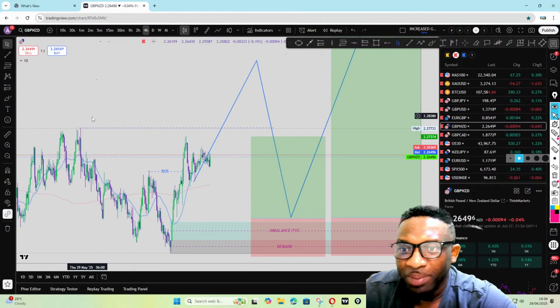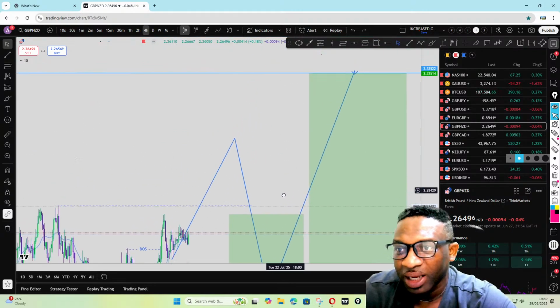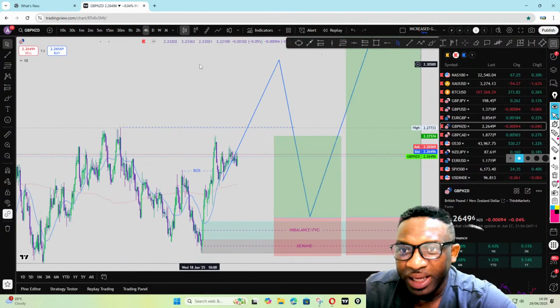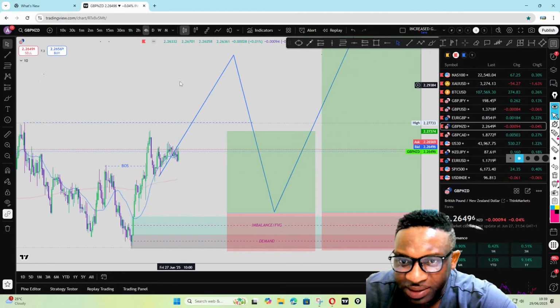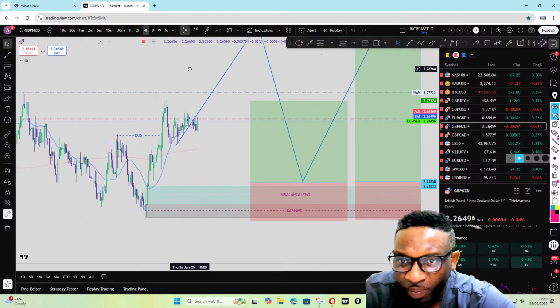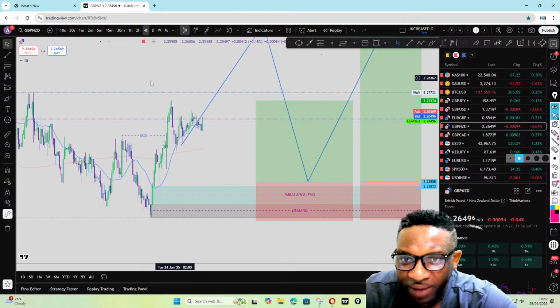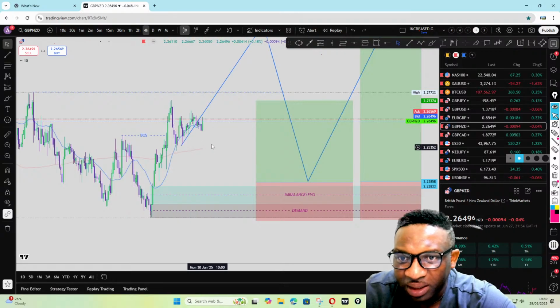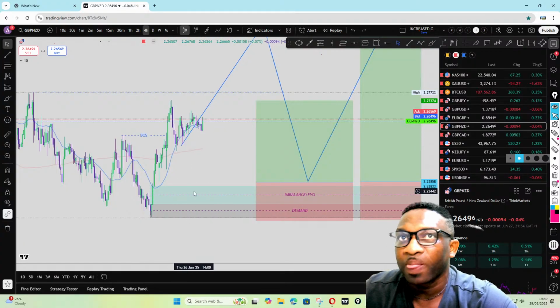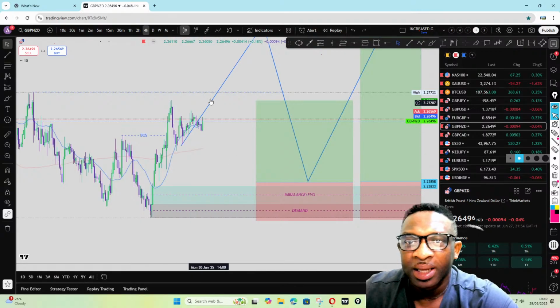Once we break above this high, we anticipate it's going to go to the weekly high. So let's further refine this area. Currently we have price holding here, but this is the origin we are anticipating price to come to before we move to the upside.